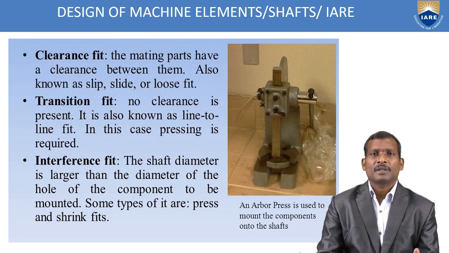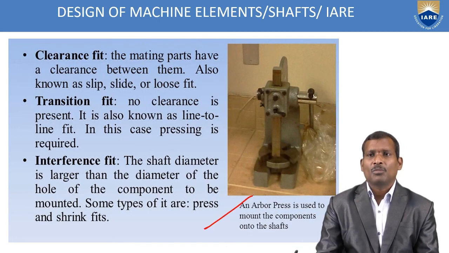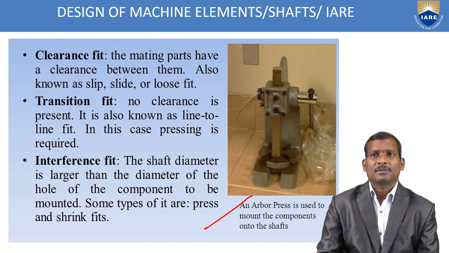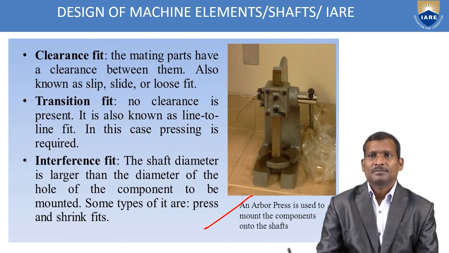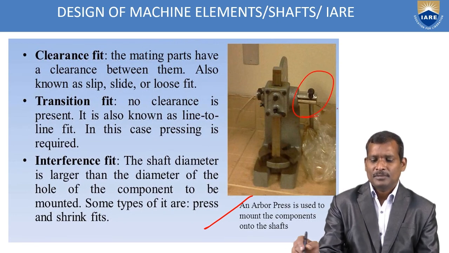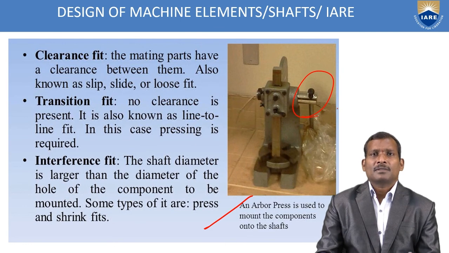Sometimes you should design the shaft based on this type of fit also: clearance fit, transition fit and interference fit. We already know what fits and tolerances are. Here it is shown that a hydraulic press is used to mount the components onto the shaft. The mating parts have a clearance between them.